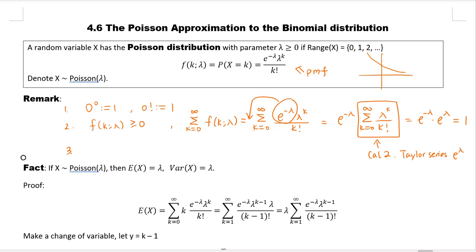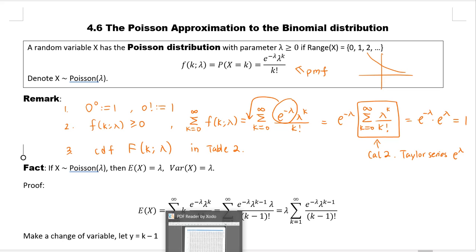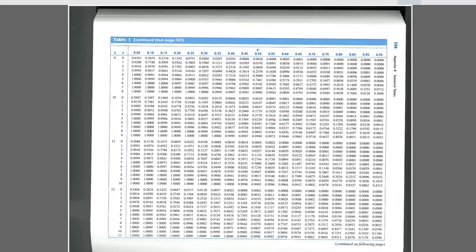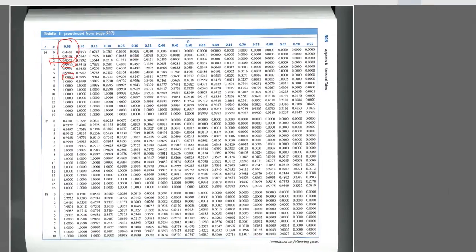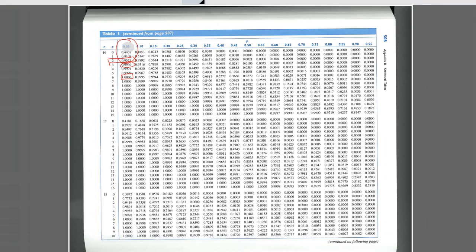And we also have the CDF values. For the CDF values, we use capital F of k semicolon lambda. We have CDF values in our table 2. So in your textbook, remember table 1 was the CDF values for the binomial distribution, and remember we have n up to 20, right?